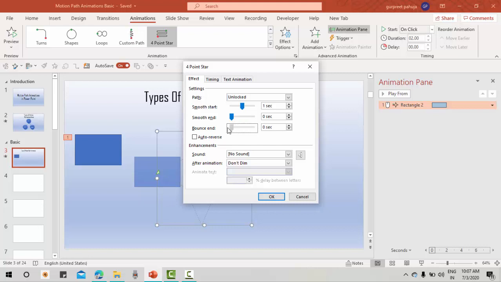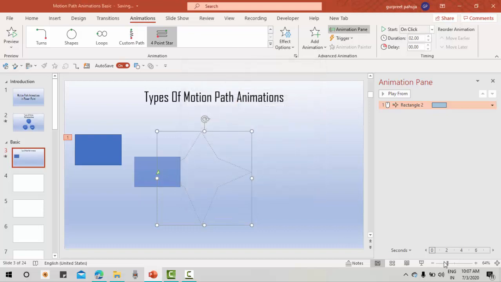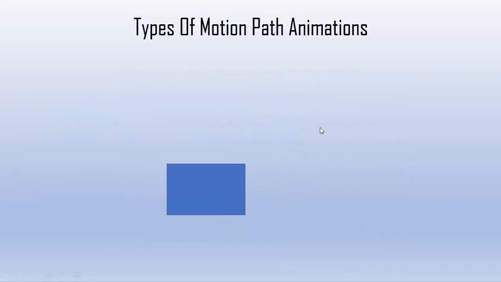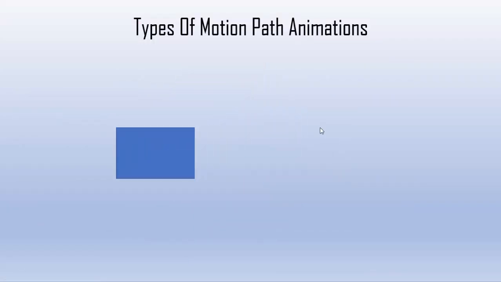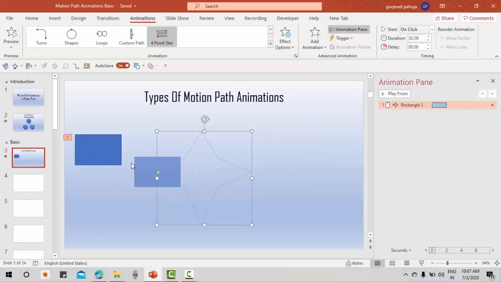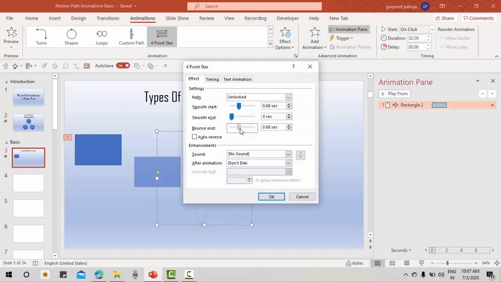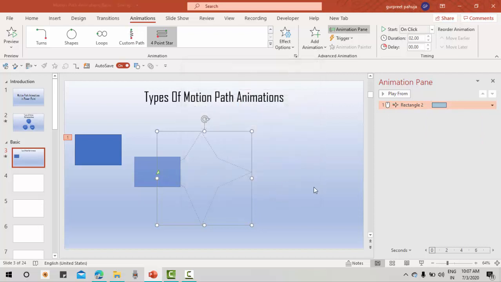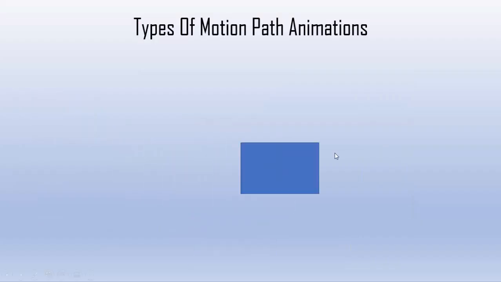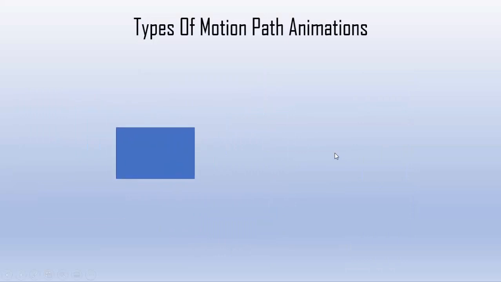Let us first understand smooth start and smooth end. So this is smooth start and smooth end. Let me show you bounce end. So see, there's a bounce effect which came in the end.